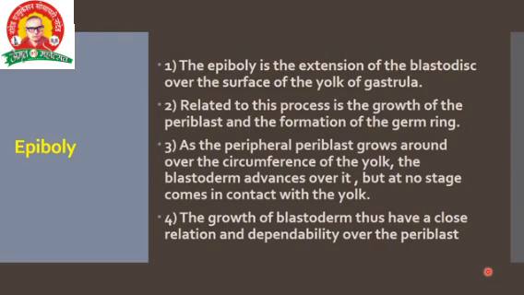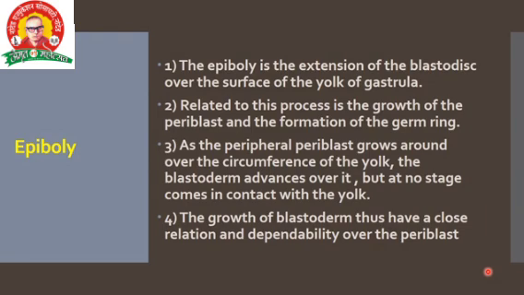As the peripheral periblast grows around over the circumference of the yolk, the blastoderm advances over it, but at no stage comes in contact with the yolk. Important point: at no stage does it come in contact with the yolk.